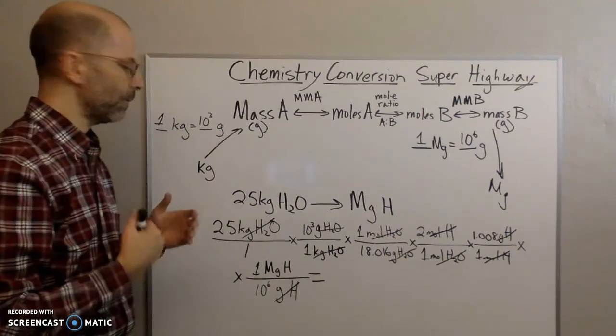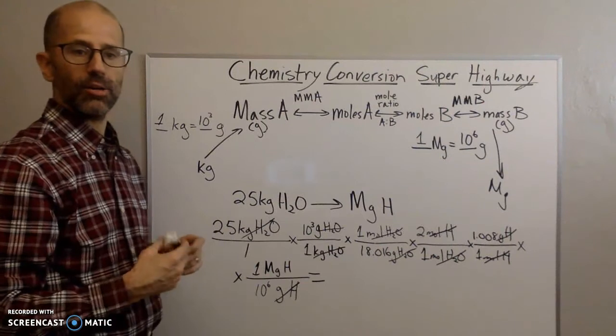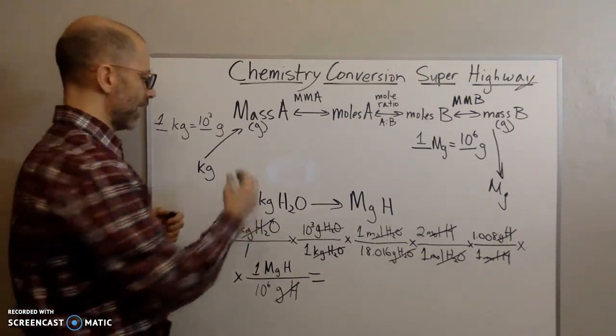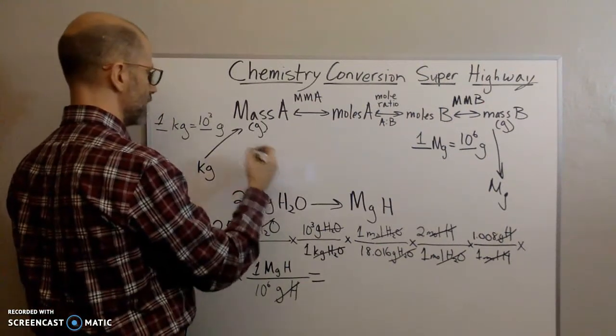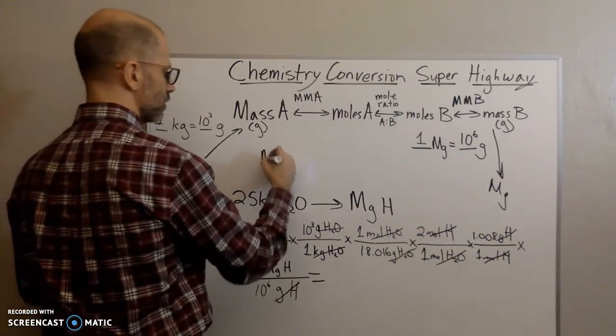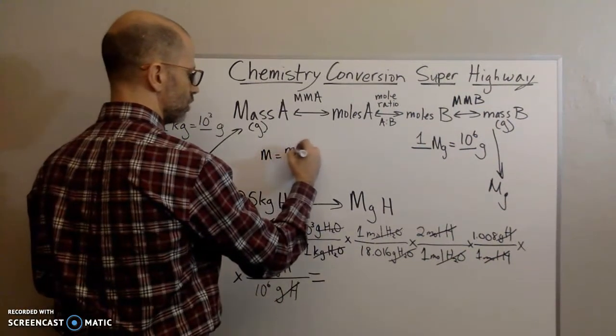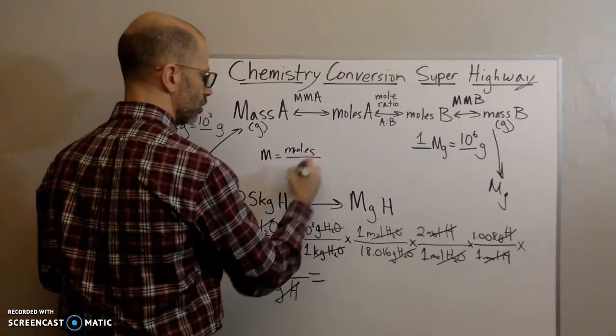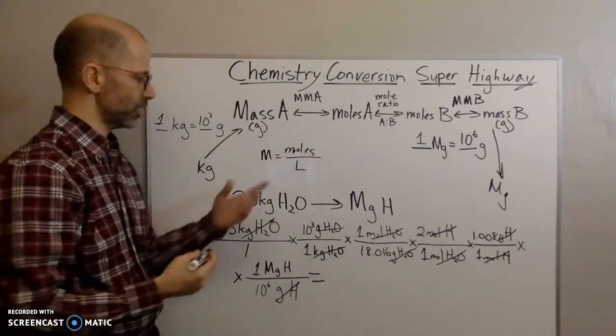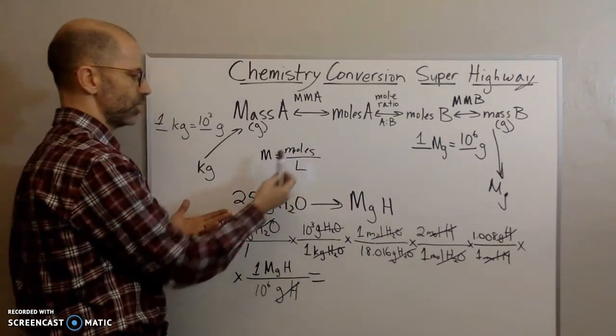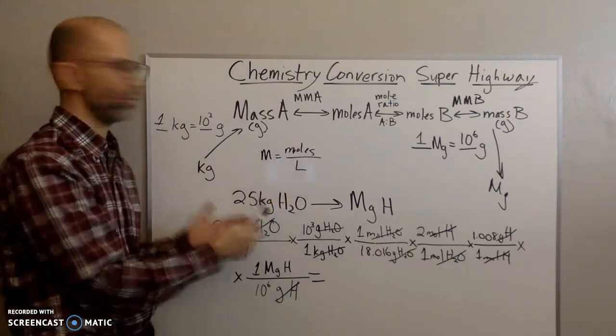If they give me molarity and a volume, I can use the molarity as a conversion factor, because molarity is moles of solute over liters of solution. So if they give me a volume of solution, I can use this to convert to moles.